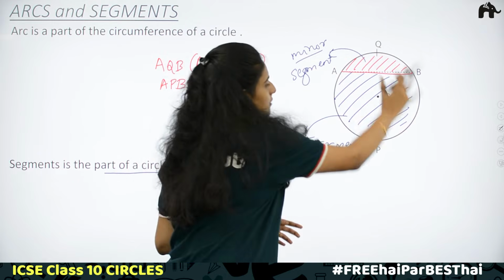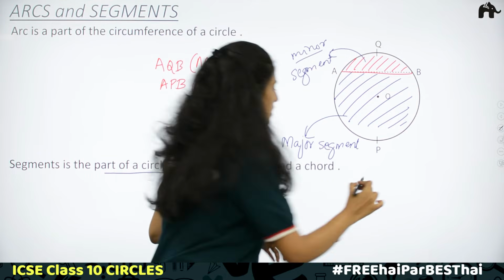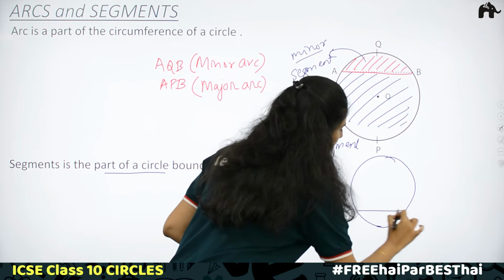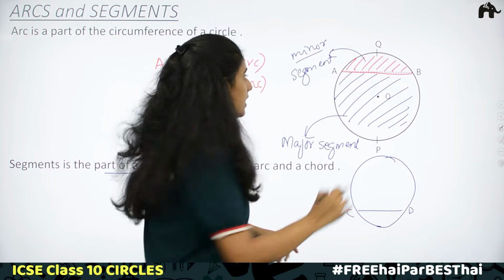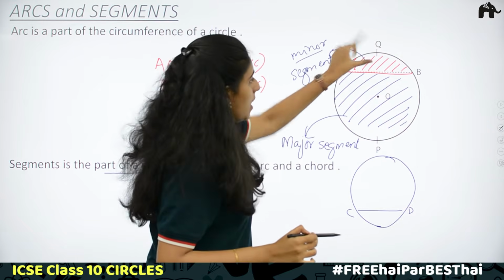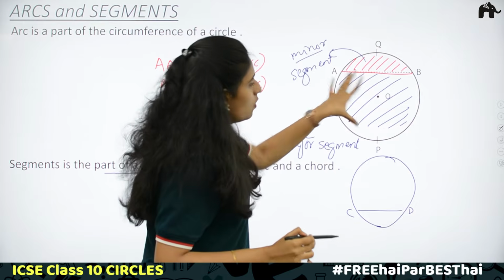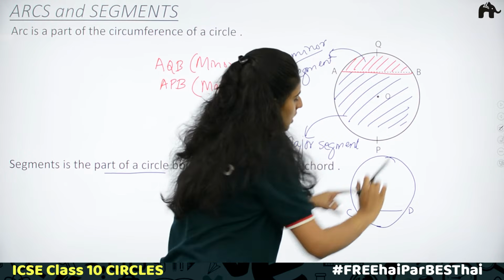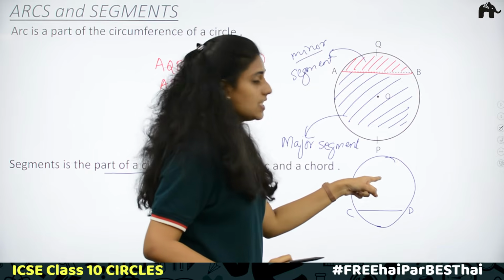Is it necessary that the figure is always like this? What if you have another circle and I am having a chord CD here? In the earlier case, in the upper portion we had the minor segment and in the lower portion we had the major segment. Here in this case, in the upper portion, can we call this a minor segment?